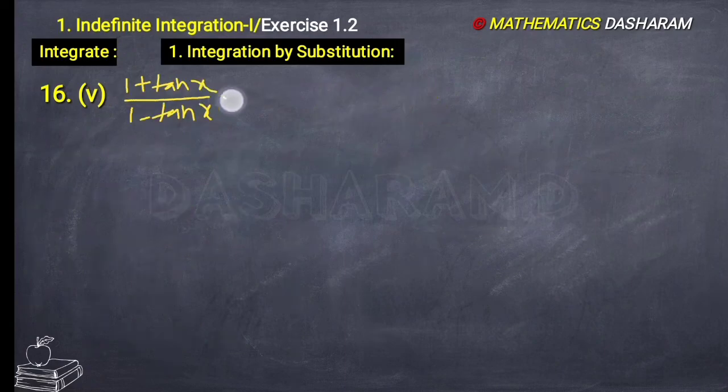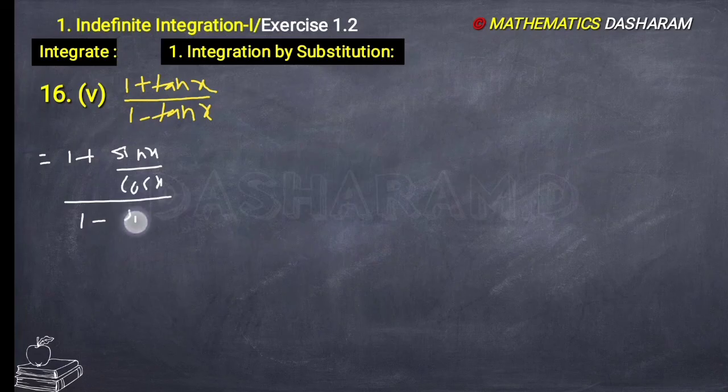Fifth question, 1 plus tan x by 1 minus tan x. So apply the integration with respect to x. Here let us simplify this first of all. So 1 plus tan x by 1 minus tan x equals 1 plus sin x by cos x divided by 1 minus sin x by cos x. Let's take the LCM. Cos x is the LCM.